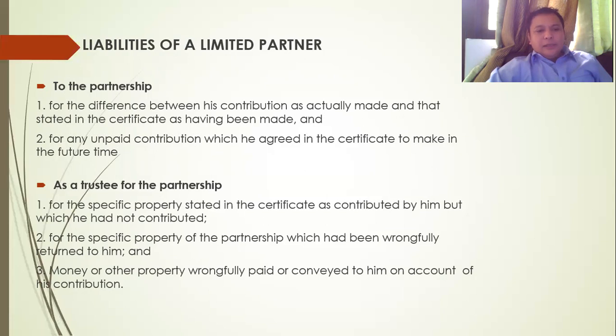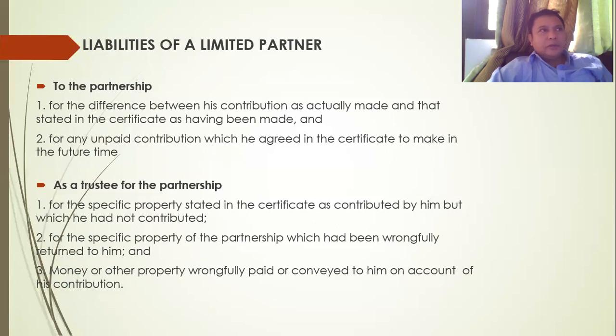And then number three, the money or other property wrongfully paid or conveyed to him on account of his contribution. Let's say a general partner contributes and gives this contribution to the limited partner.